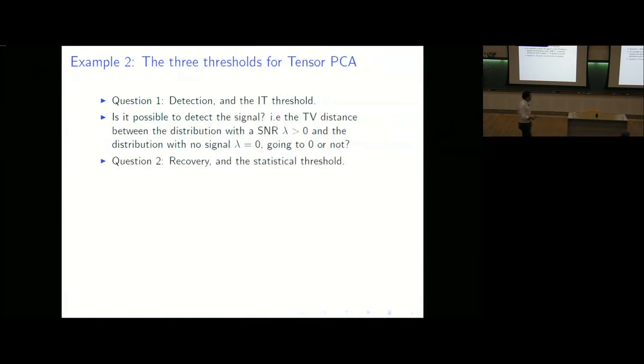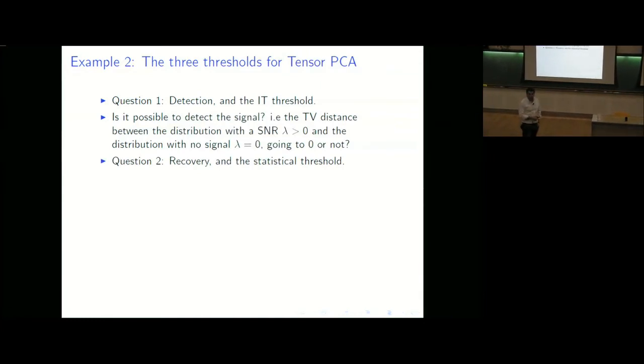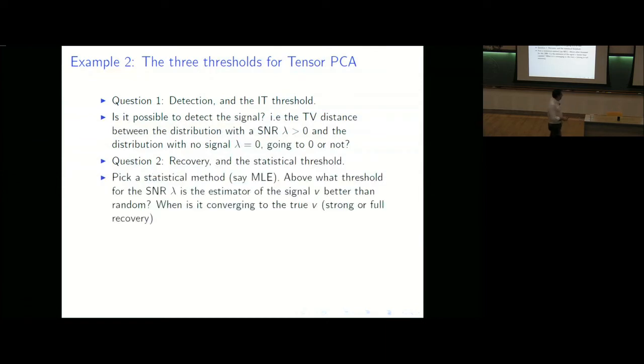The next question is, can you recover, meaning can you estimate V? That's what we call the statistical threshold. There you could have many statistical approaches. I'm a plain vanilla guy. I don't know BP, I don't know anything, so I just do what every statistician should do first, which is maximum likelihood. So you pick a statistical method.